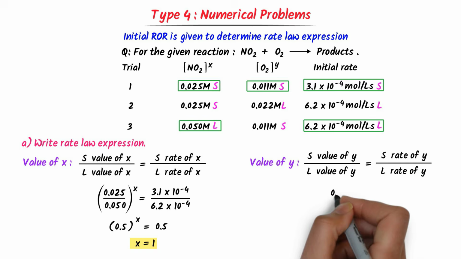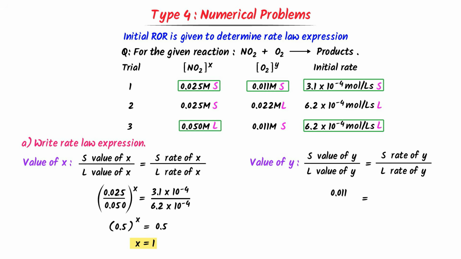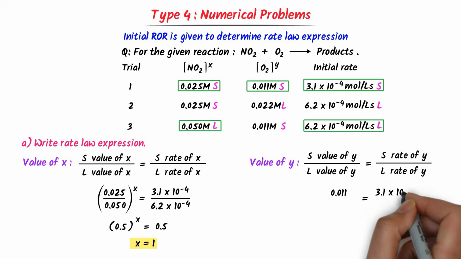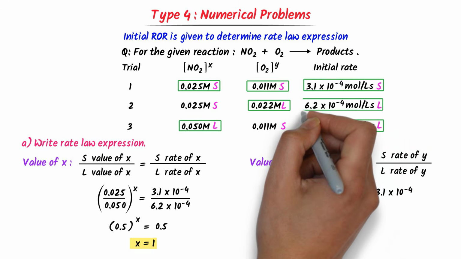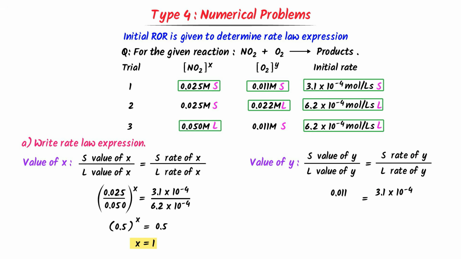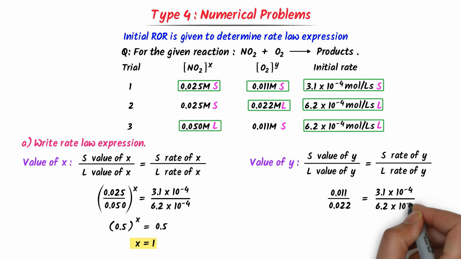I write 0.011 equals 3.1 into 10 raised to the power minus 4. Secondly, the larger value of y is 0.022 and its respective larger rate is 6.2. I write 0.022 and 6.2.